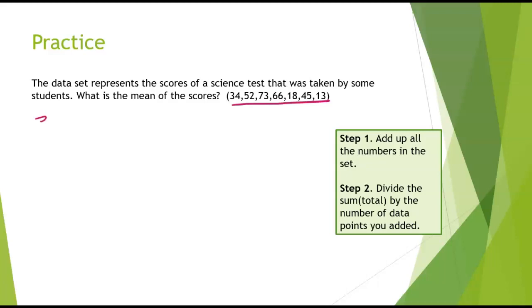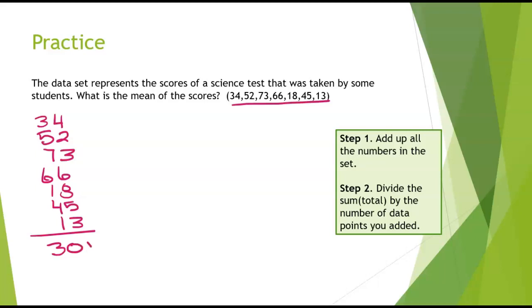So we're going to add 34 plus 52 plus 73 plus 66 plus 18 plus 45 plus 13. When we add those all together, we use our calculator, I get 301.